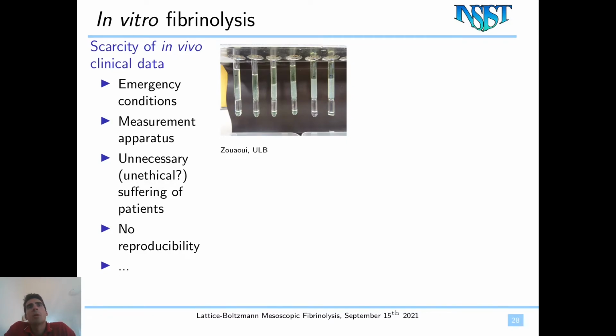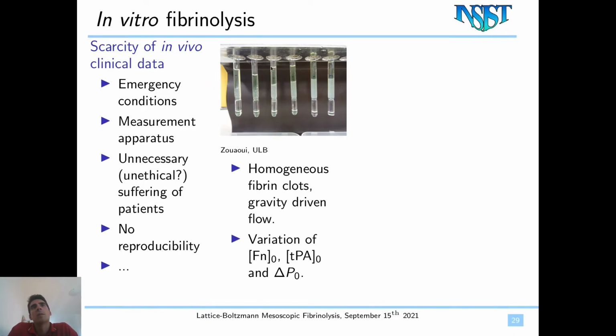Homogeneous fibrin clots were created in those tubes, and we poured a solution that contains TPA above of the clot, and we just have this gravity-driven flow that makes this solution perfuse slowly through the clot. As the solution gets perfused, we add again a level of solution such that we keep the level constant.